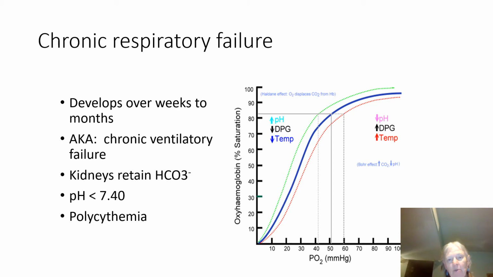Today, what I want to do is talk a little bit more about ventilatory or hypercapnic respiratory failure. And in order to do this, one of the things we have to look at is chronic respiratory failure. Remember, folks who have COPD, emphysema, neuromuscular disorders live in chronic respiratory failure.